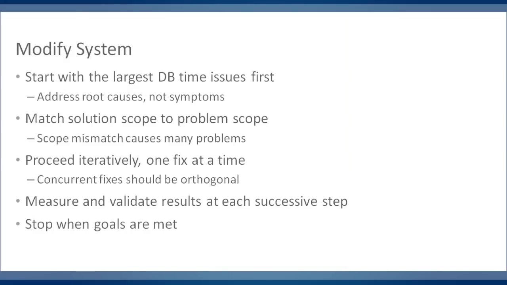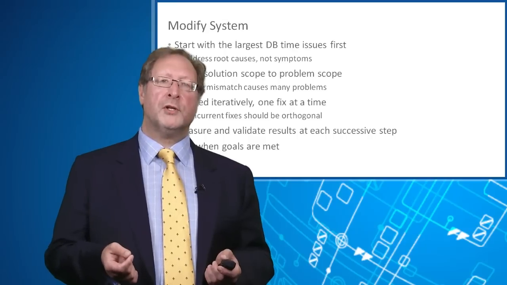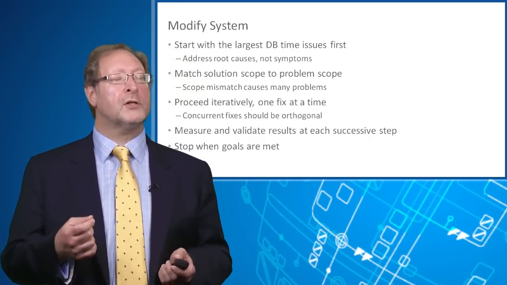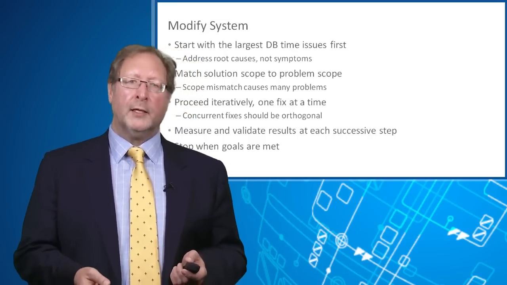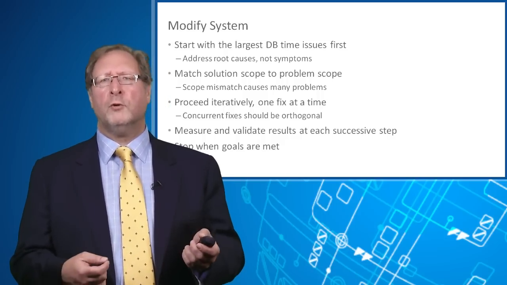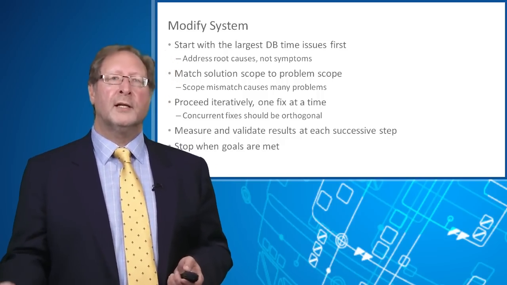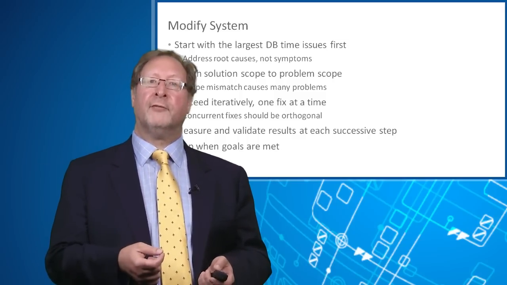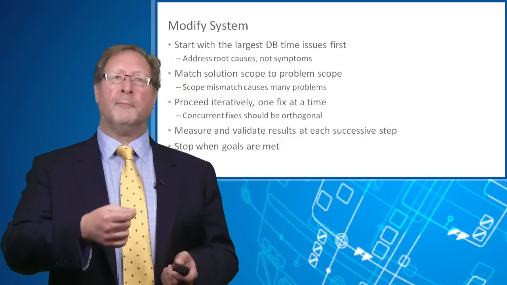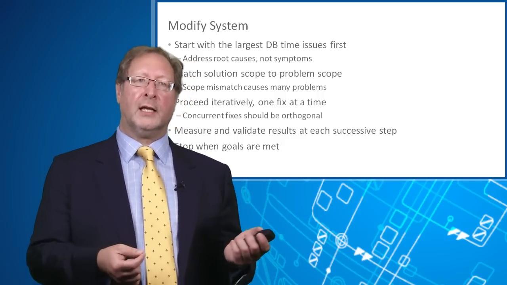Avoiding scope mismatch. And again, the classic example here is where we run into a situation where there's a SQL statement that is consuming lots of time. We maybe investigate what to do with it, maybe talk to support. They can say, oh, well, there's an underscore parameter that might give you the right plan for that. So we then put the underscore parameter into the init.ora.